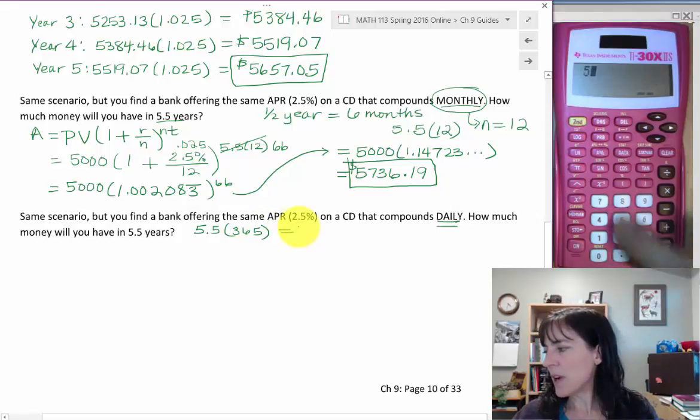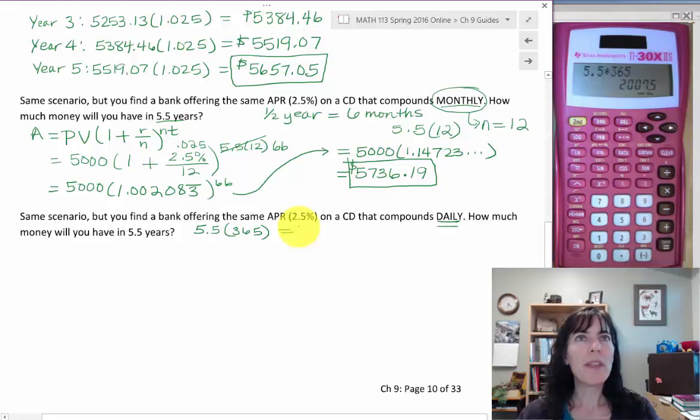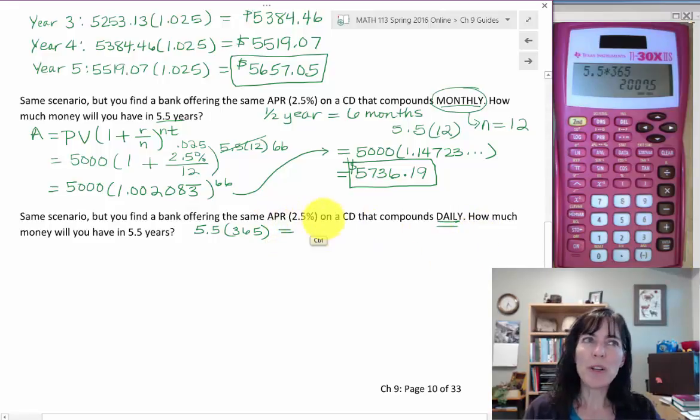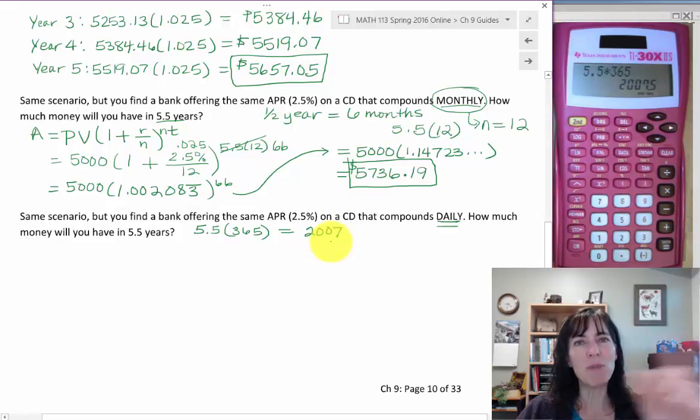So 5.5 times 365, that gives me 2007 days plus half of a day. They're not going to give us half of the day, I'm pretty sure. So we're going to round that one to 2007. We round down on these because they aren't going to give us a whole extra day because we came in at noon on a particular day.